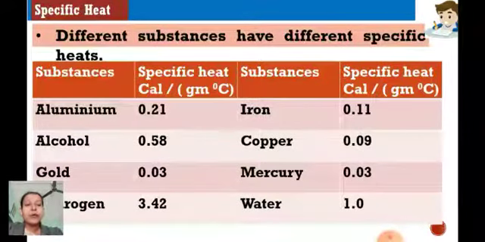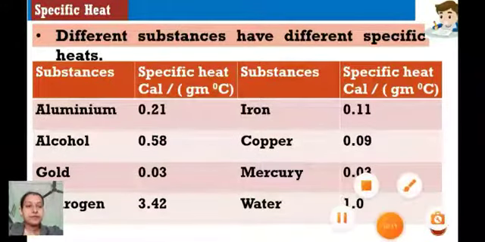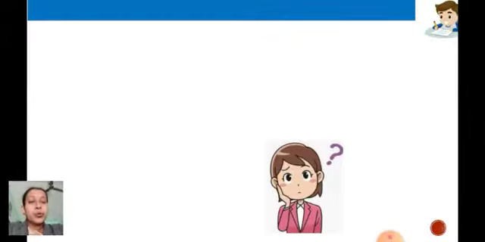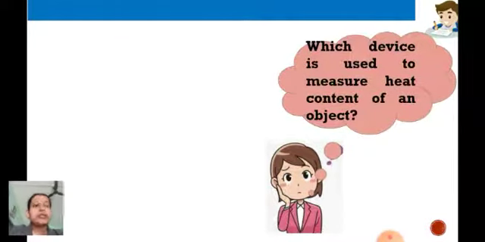Now let's move on to the next part of the lesson, the calorimeter. You have learnt that the temperature of a body or any given substance can be measured with the help of a thermometer, right? Then what do we use to measure the heat content of an object?